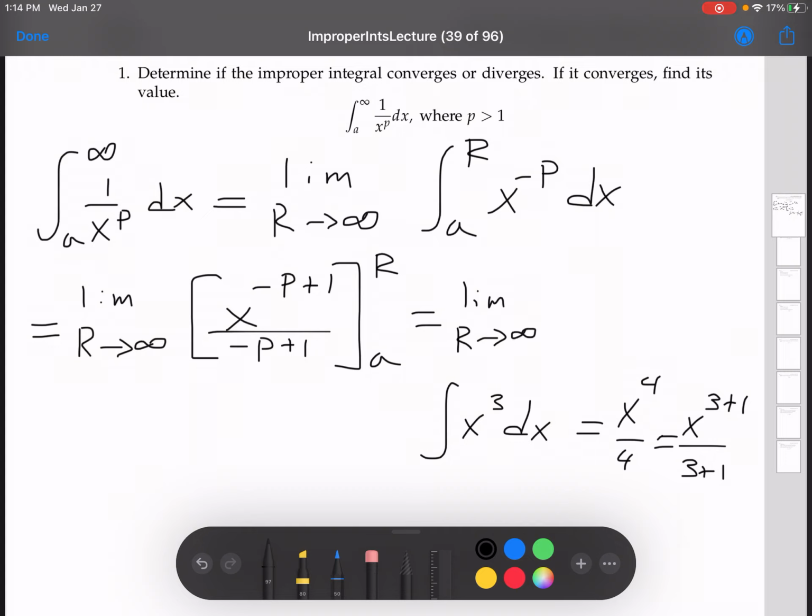I'm going to write this as x to the 1 minus p, because negative p plus 1 is the same as 1 minus p. Here we have 1 minus p, evaluated from a to r.